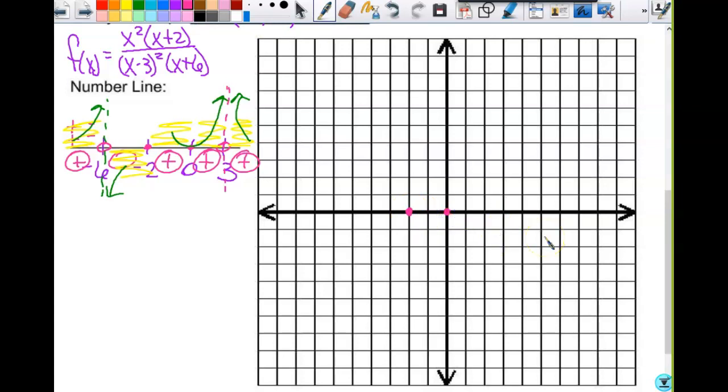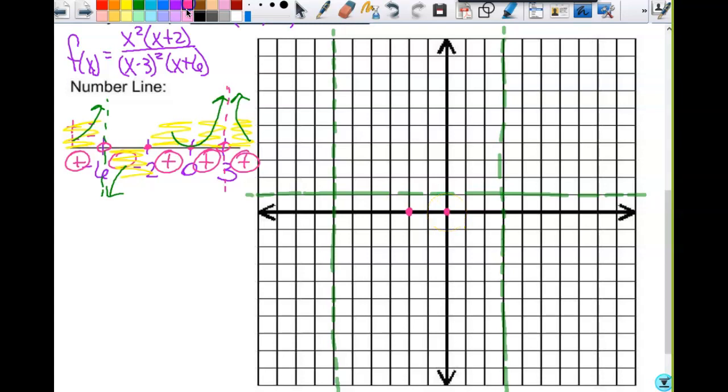We have vertical asymptotes at -6 and 3. And then we have tangency and togetherness. We'll come back to that. We have a horizontal asymptote at 1. And we have a y-intercept at 0, which is already there.